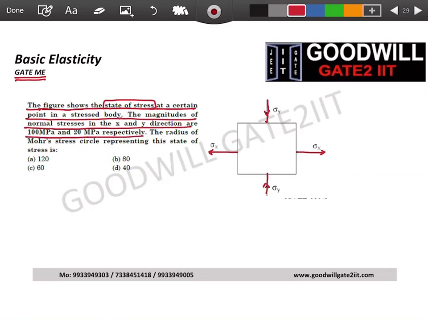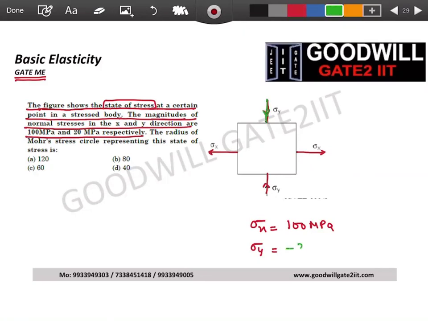So what they have given, guys, let's write in our notation. Sigma x is given as 100 MPa. This is very much clear. But if you see sigma y, its magnitude is 20 MPa, but we know that sigma y here is compressive, correct?